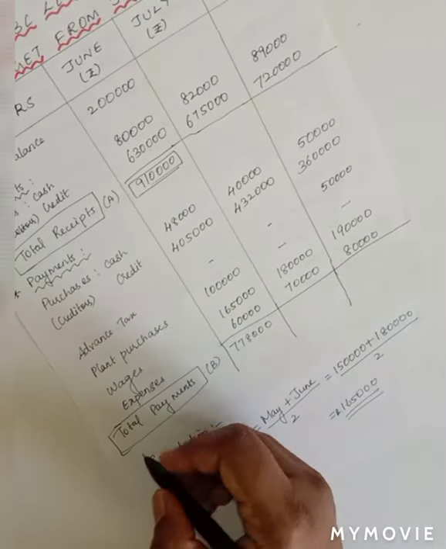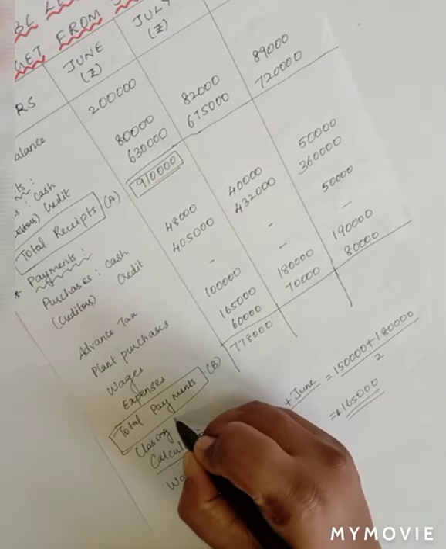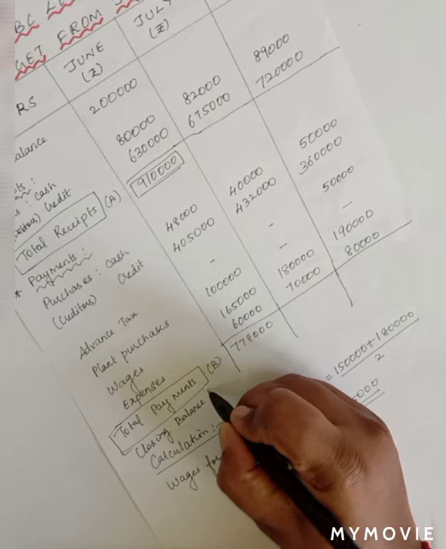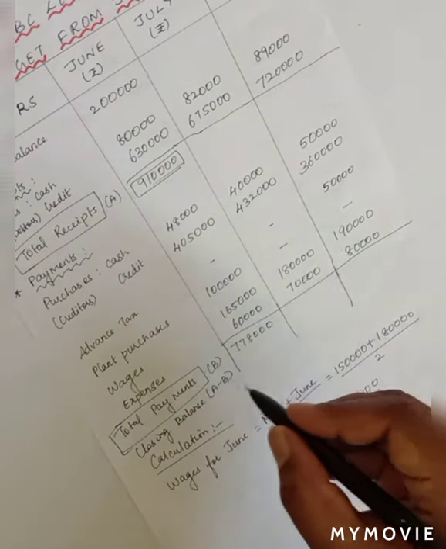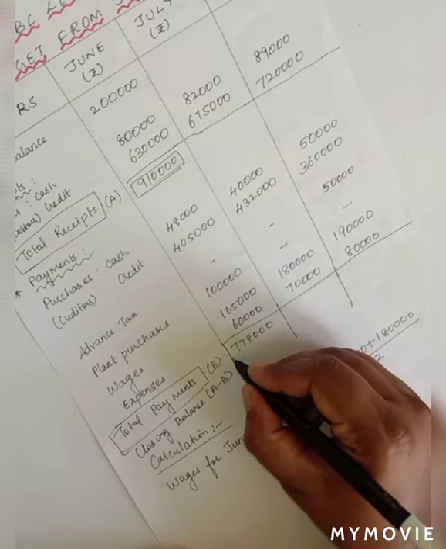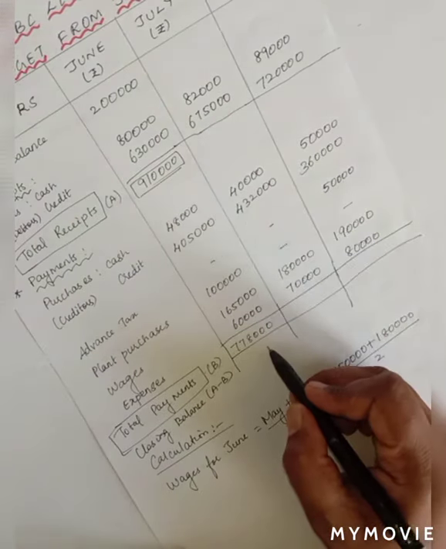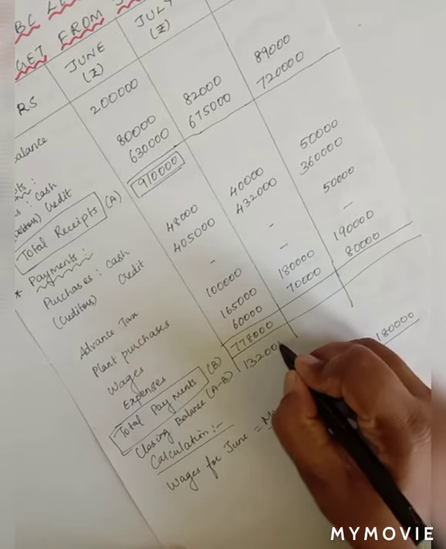Now you have to find out the closing balance, which will be the balancing figure of this problem, which will be A minus B. Receipts minus payments. So out of 9,10,000, if you reduce 7,78,000, you will get 1,32,000.